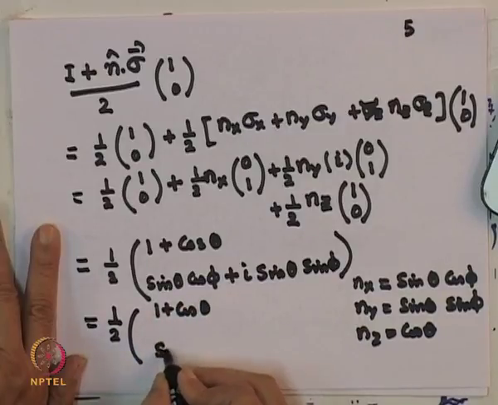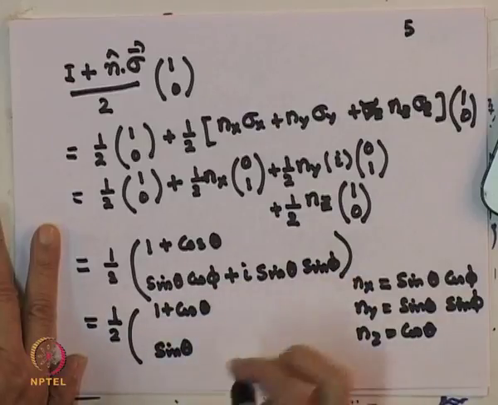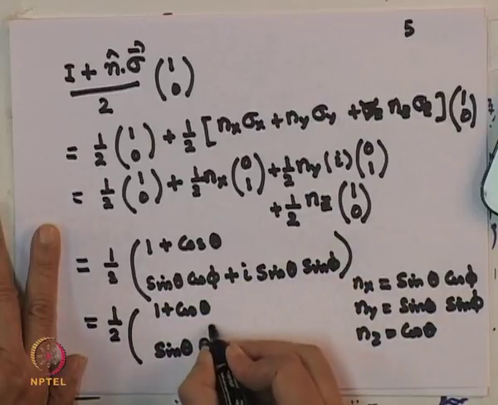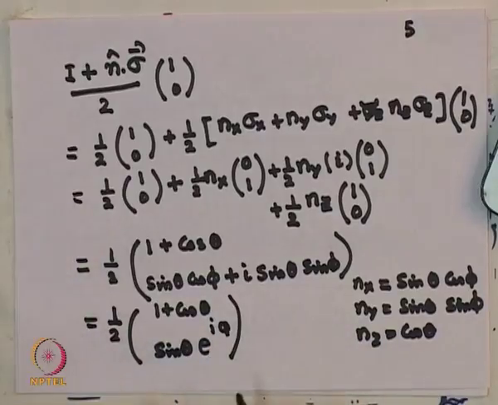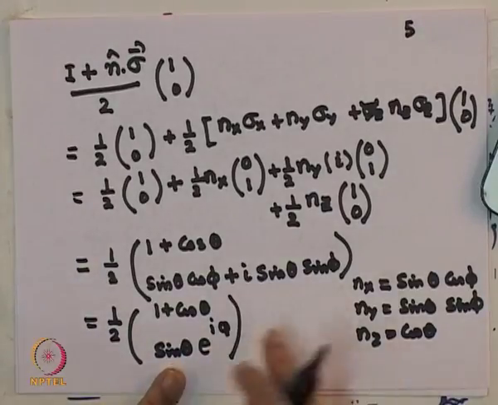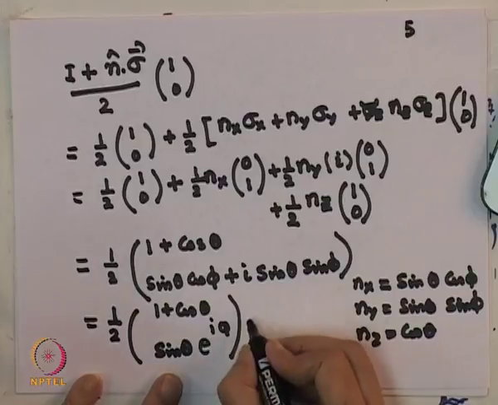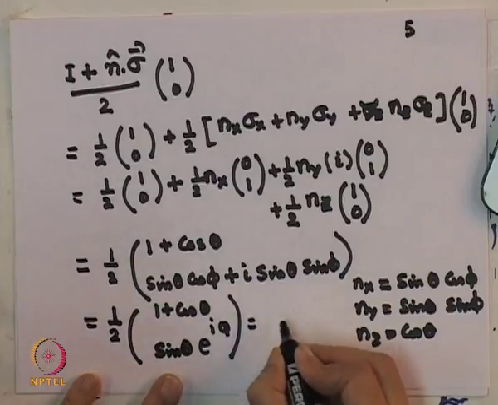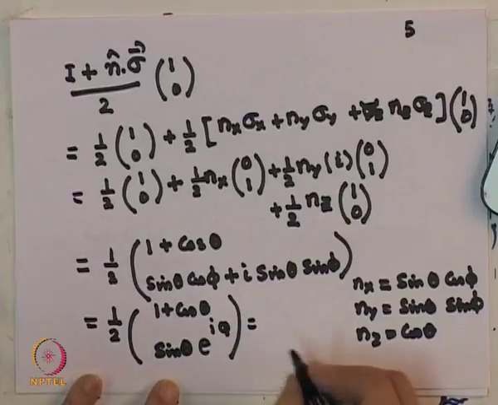If you take sin theta common here, I get cos phi plus i sin phi, which is nothing but e to the power i phi, which, other than a global factor, I can pull out, e to the power i phi by 2. Remember that 1 plus cos theta by 2 is cos square theta by 2.